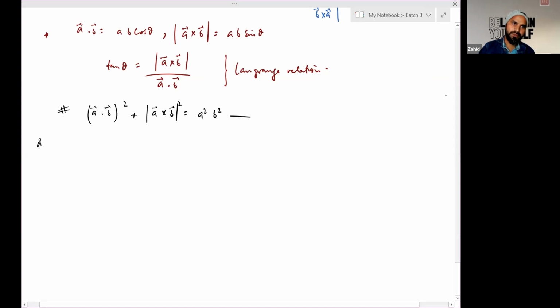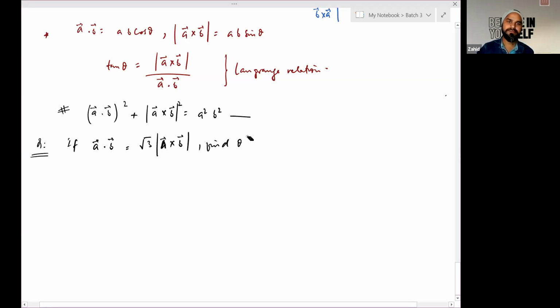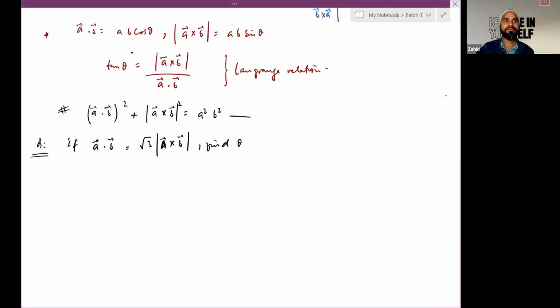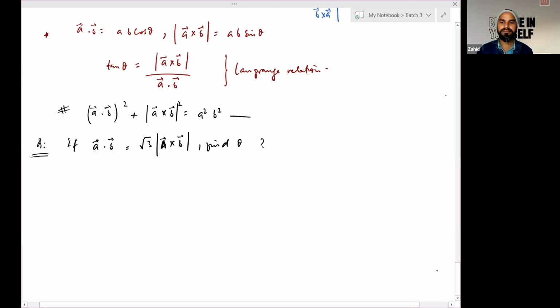Now I'm giving you one problem related to this. If A dot B equals root 3 times |A cross B|, then try to find theta between A and B. Use the above relation and simplify it to get theta.